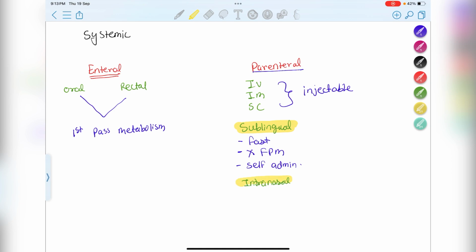In intranasal, the patient will take the drug by nose. Some examples we can see here: desmopressin, calcitonin, and also esketamine.